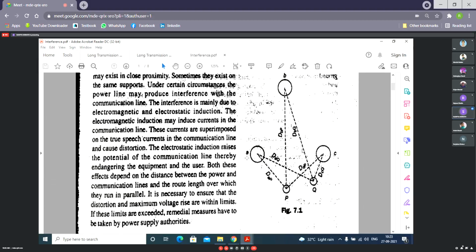Remember, these are the power line conductors and these are the communication line conductors: 2 communication line conductors, 3 power line conductors. So you have to measure the distance between this P and all these 3 lines.